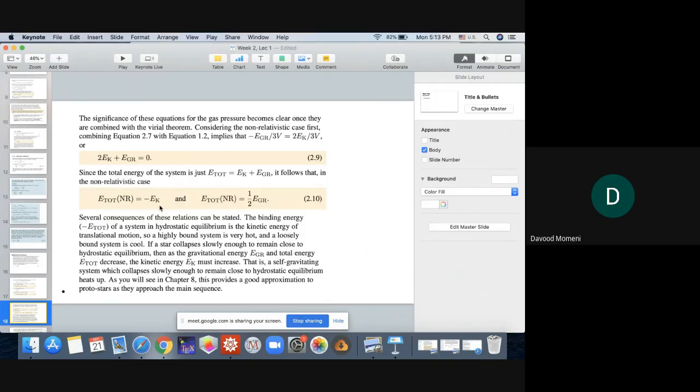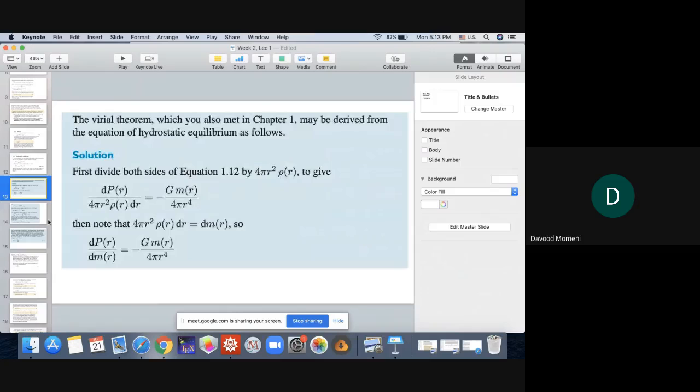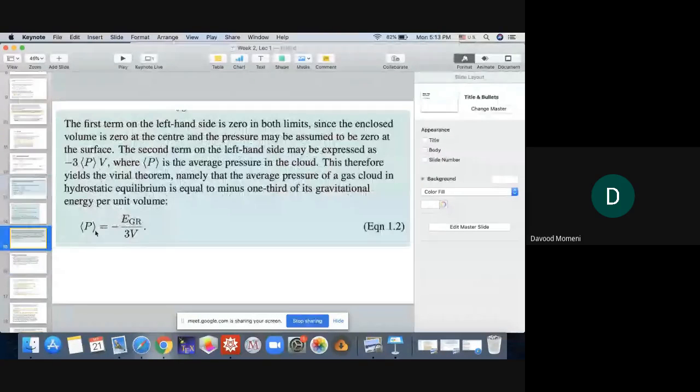Because it's all gravity, and gravity always makes negative energy, as it always makes contraction or attraction. This minus is related to gravity. And you can also write this in terms of the gravitational energy, because the virial theorem, again, gives you the expression of the average of pressure versus energy.